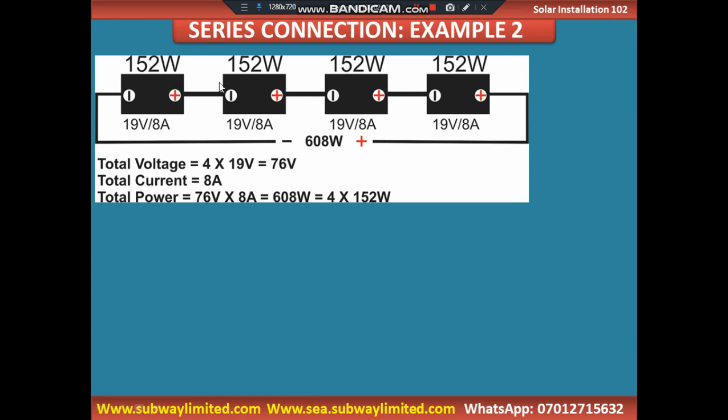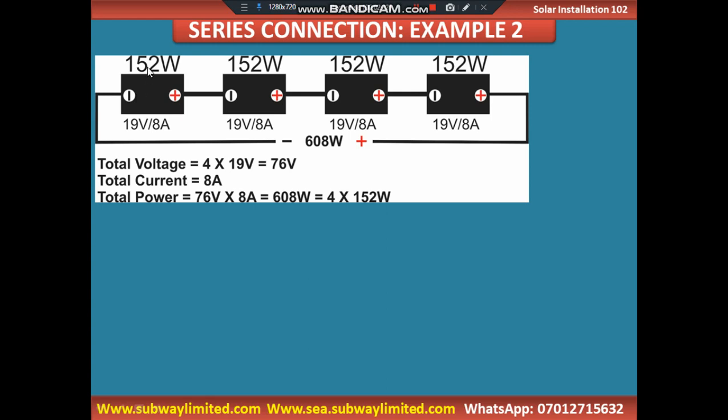The power here will be, we are having total power. You should recall that P is equal to IV. Total power is equal to the voltage multiplied by the current. What will be the total power that these 4 solar panels will generate if you connect all of them in series?